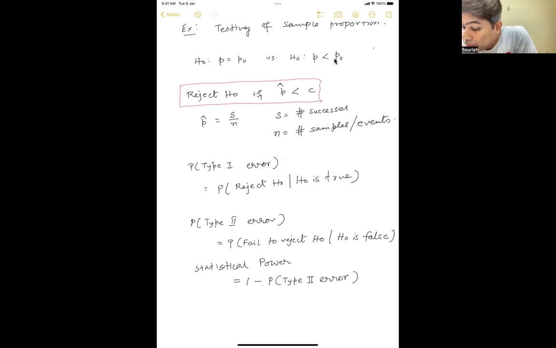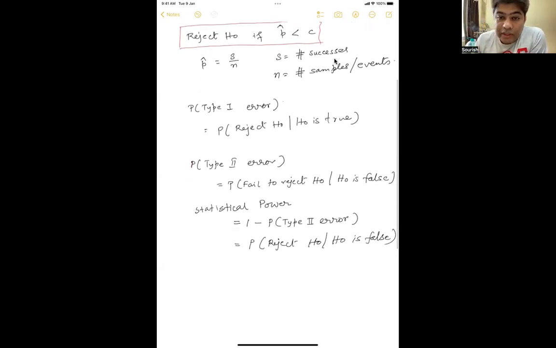So essentially, statistical power is the probability that we reject H naught when H naught is indeed false. So three concepts: probability of type 1 error, probability of type 2 error, and statistical power.